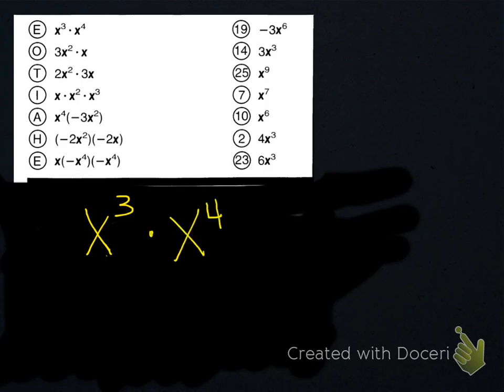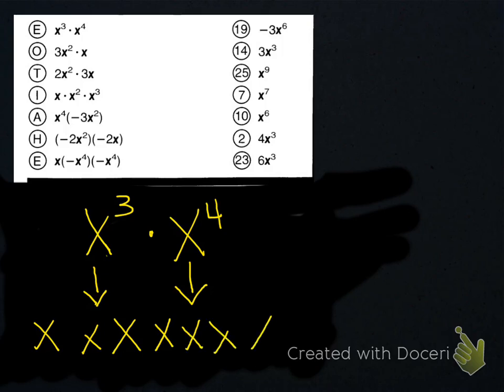If we write x cubed in expanded form, we would write x times x times x. And if we were to write x to the fourth out, we would write x times x times x times x.